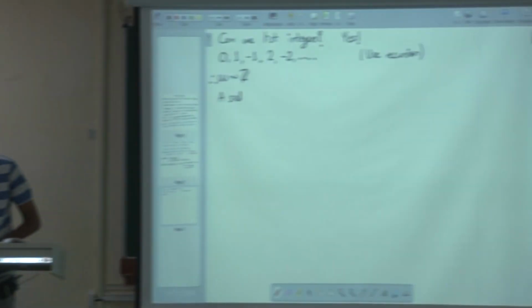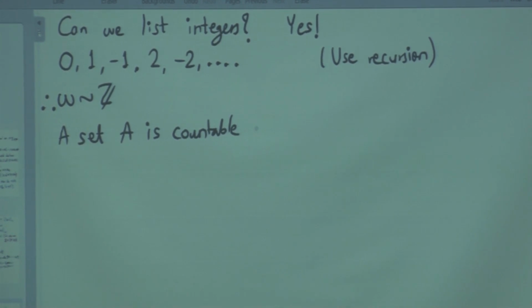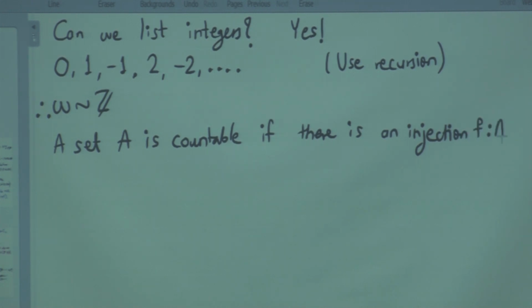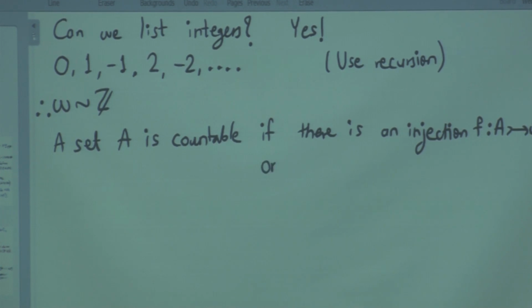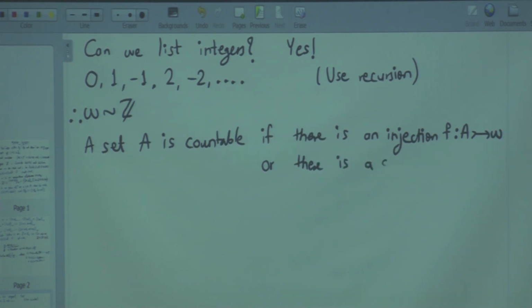A set A is countable if there exists an injection, or equivalently, this is the same thing, there is a surjection from omega to A. Take this as a homework problem.